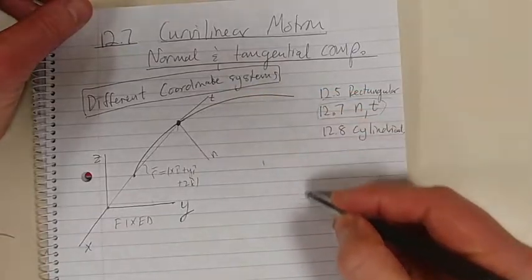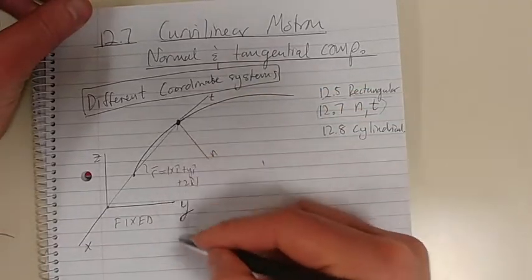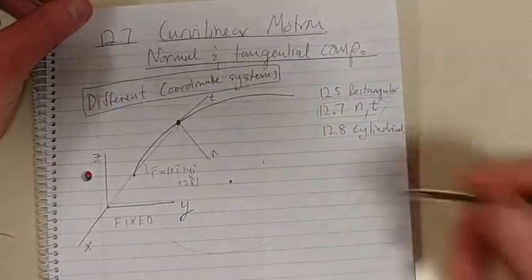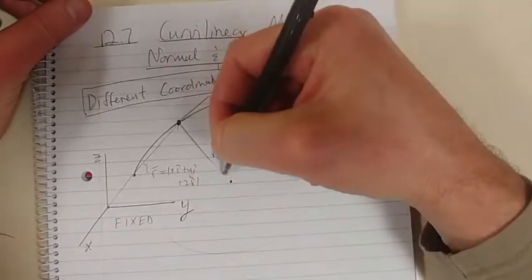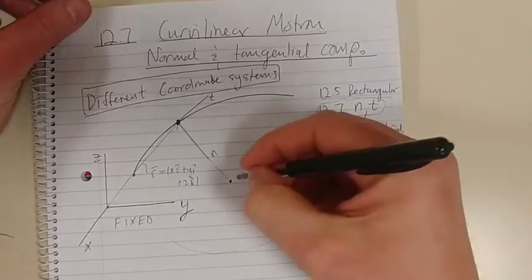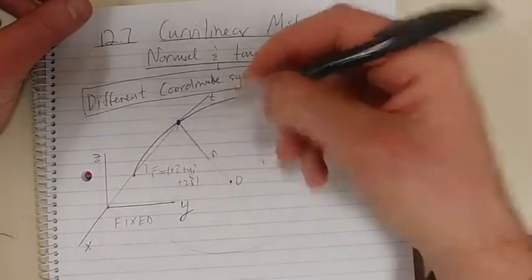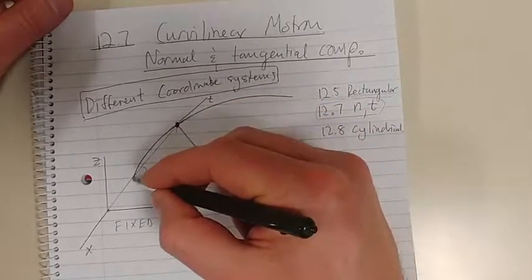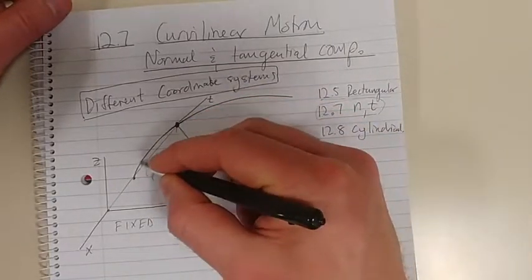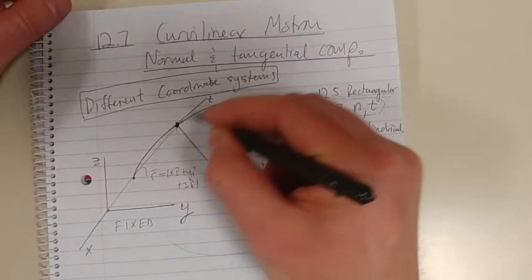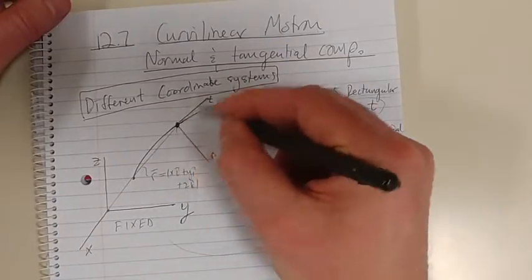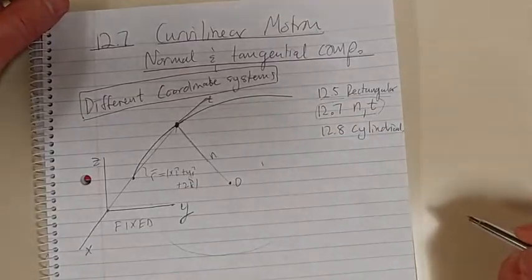What is the center of that circle? There it is. The normal direction points to that center. The tangential direction is simply, as the particle moves along the path, the tangent at that instant. So we have the tangent and we have the normal direction.